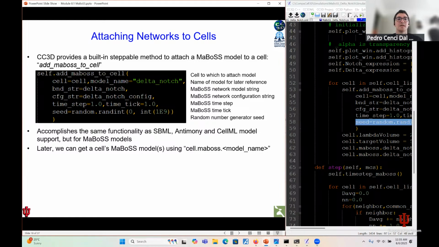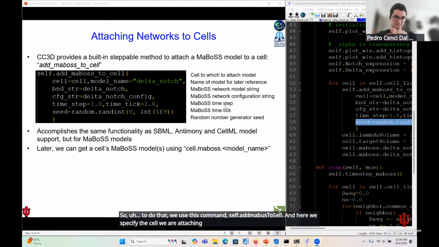Okay, so we attach our MaBoSS network to all cells of the simulation. To do that, we use this command, self.add to cell. Here we specify the cell we are attaching the model to.